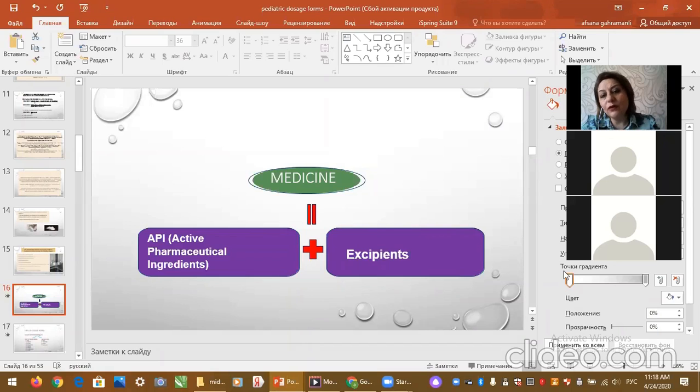Who can explain? I don't know. Teacher, this substance gives the color and smell. And active pharmaceutical ingredients, Hiba? With the pharmacological effect. At first in a prescription we write excipients or active substances?